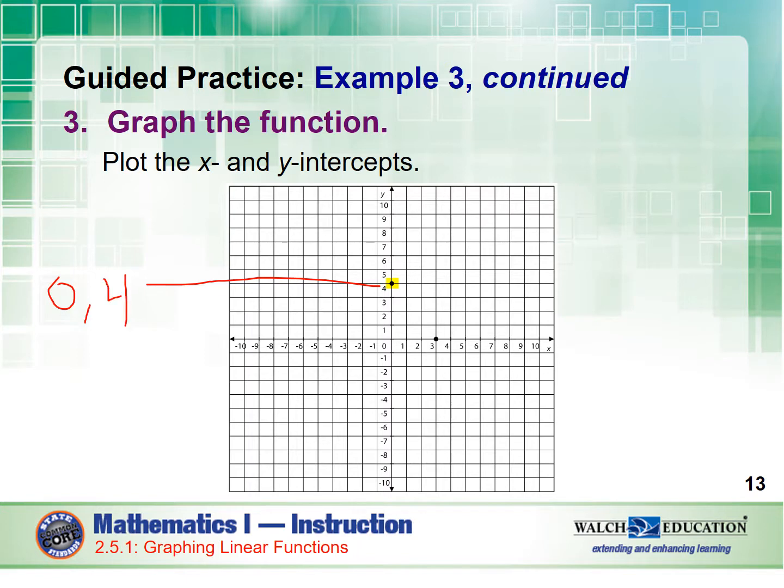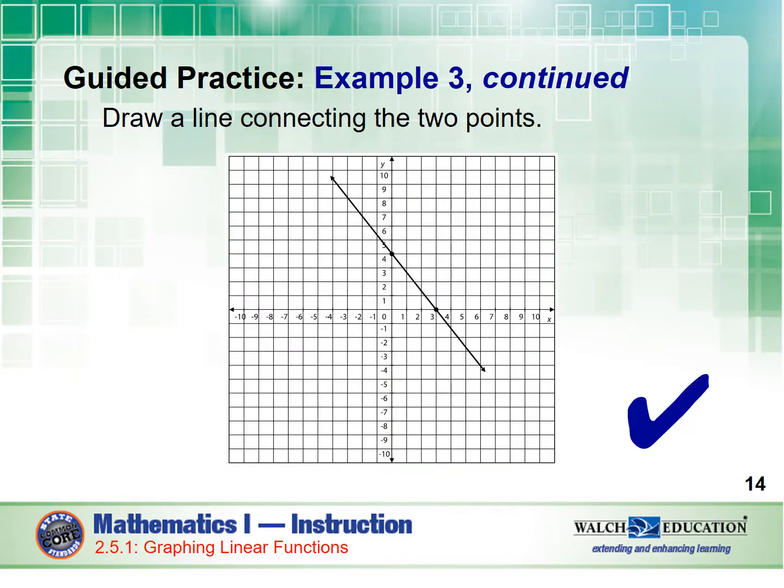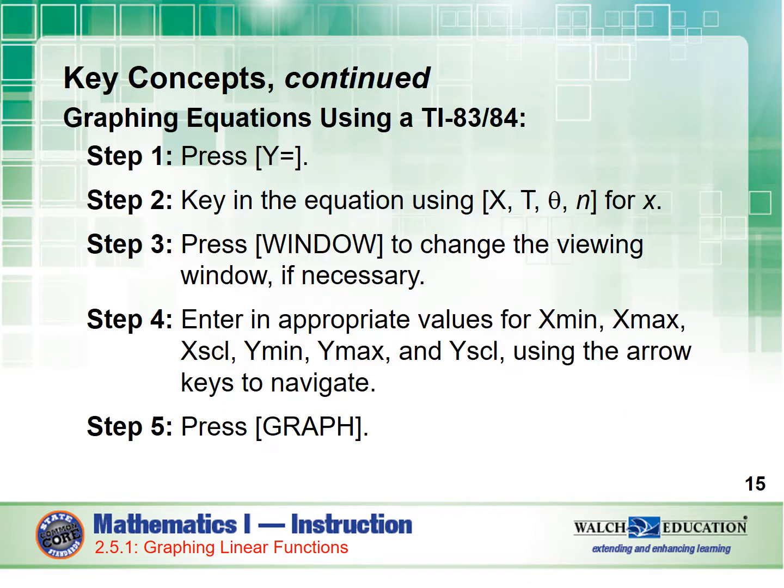And this line right here is going to be (3, 0). And that's your x-intercept. Here's your x-intercept, crosses the x-axis; y-intercept crosses the y-axis. Now you draw lines to connect your 2 points, and you are done.